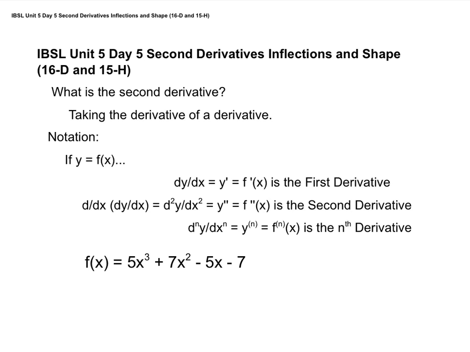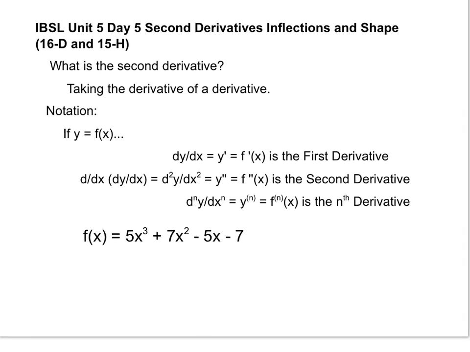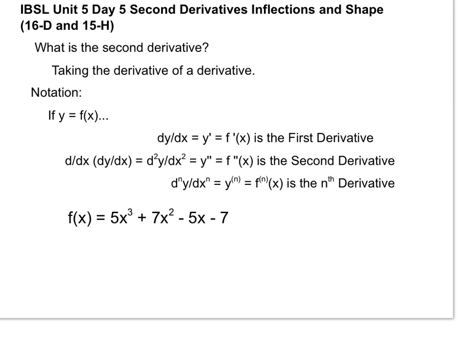Okay? So, for example, I have a polynomial down here, and we could take, obviously, the derivative, f prime of x, is 15x squared plus 14x minus 5. But then I could go one step further. I could take the second derivative.